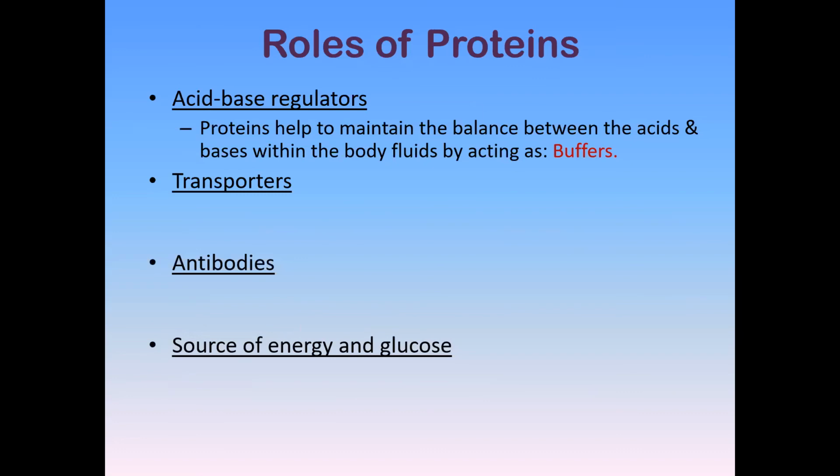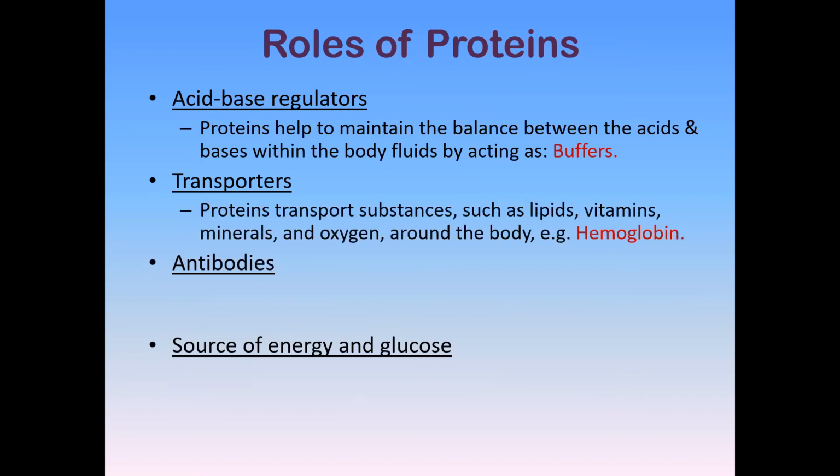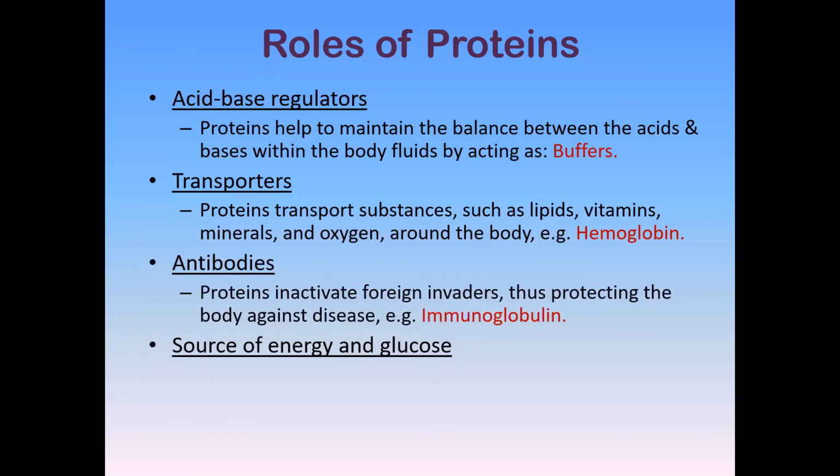So these are also proteins, very important. Transporters, some proteins transport substances such as lipids, vitamins, minerals, such as hemoglobin. Antibodies also, some proteins inactivate foreign invaders, thus protecting the body against diseases, like immunoglobulins.